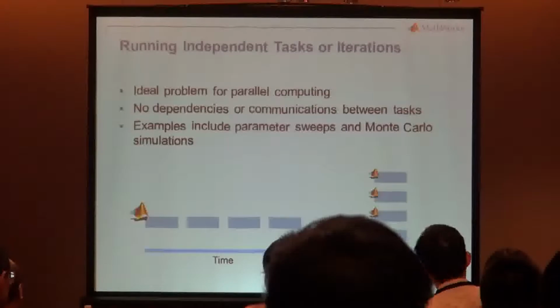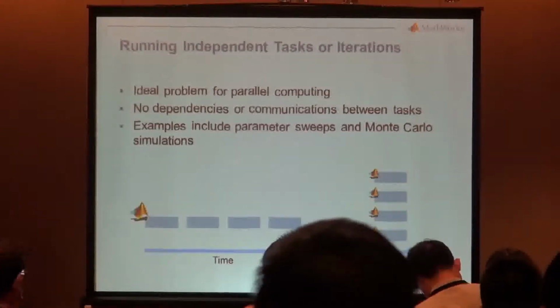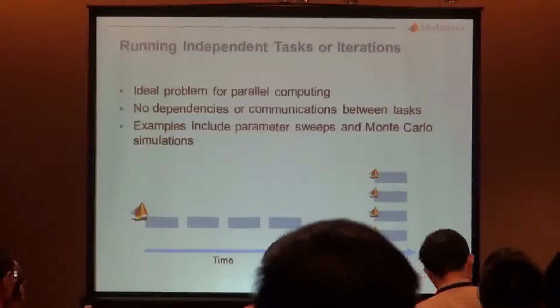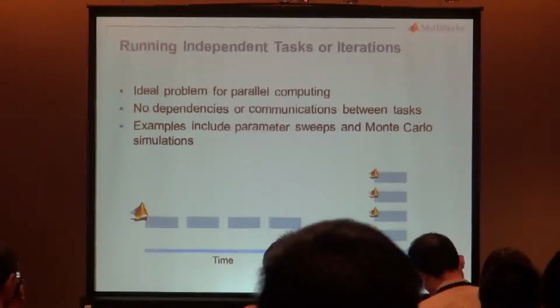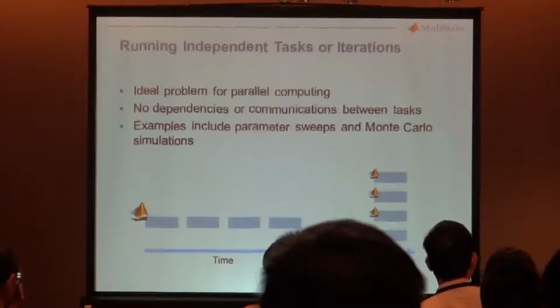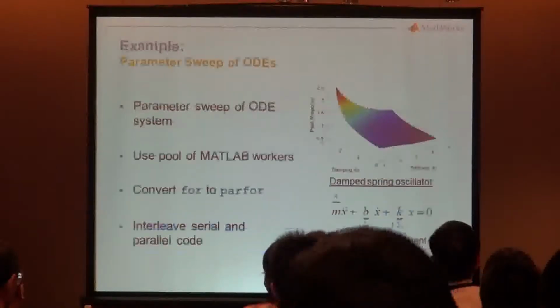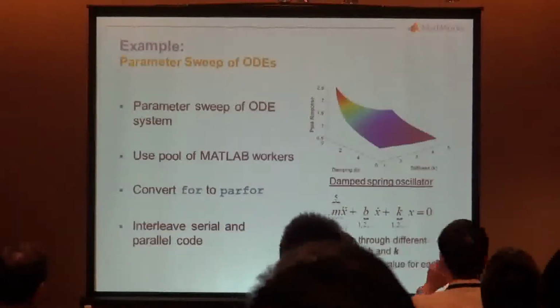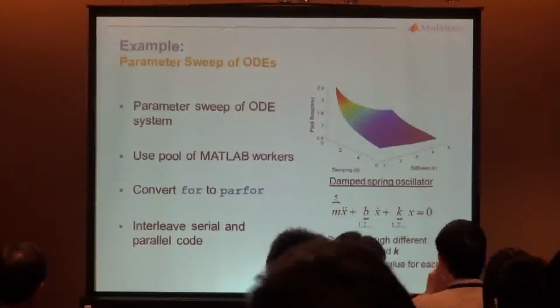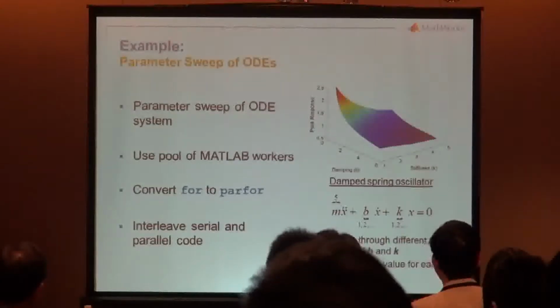The other, Monte Carlo simulation, is the same kind of idea, but you're trying to understand the randomness, the distribution. My inputs aren't systematic at this point. They are random. And how does that randomness impact, again, my response? Independent simulation. So we can look at trying to do a parameter sweep of a solution to an ODE problem, ordinary differential equation problem.